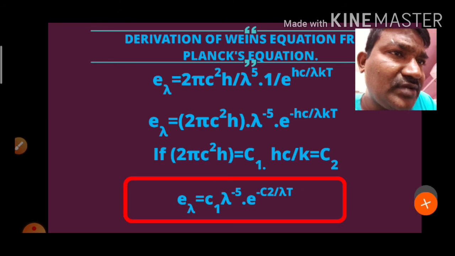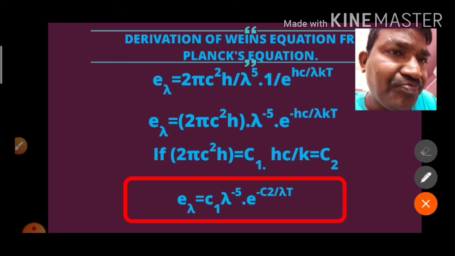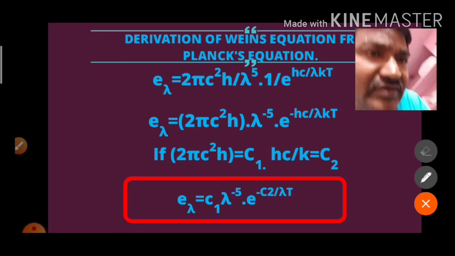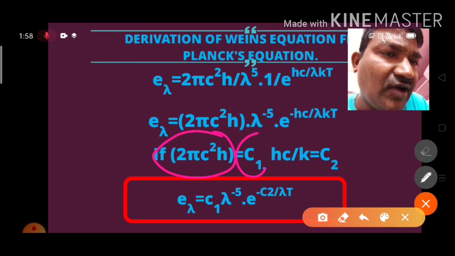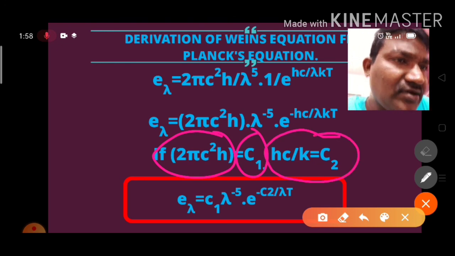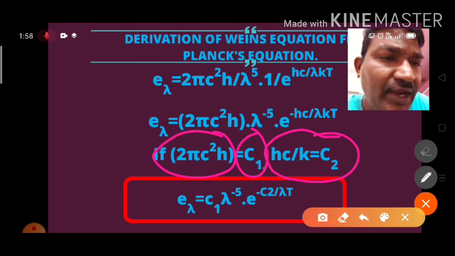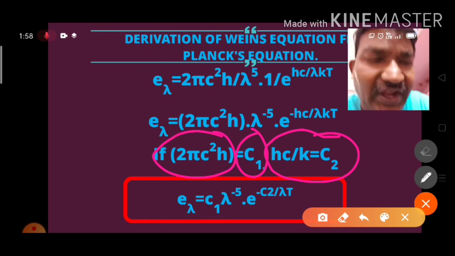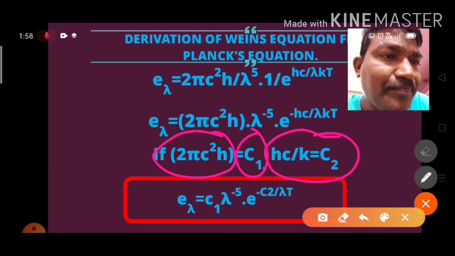And this one becomes e to the power of minus hc by lambda kT. So if we consider 2πc²h as one constant c1 and hc by k as another constant c2, then the equation becomes E_lambda = c1 × lambda to the power of minus 5 × e to the power of minus c2 by lambda T.